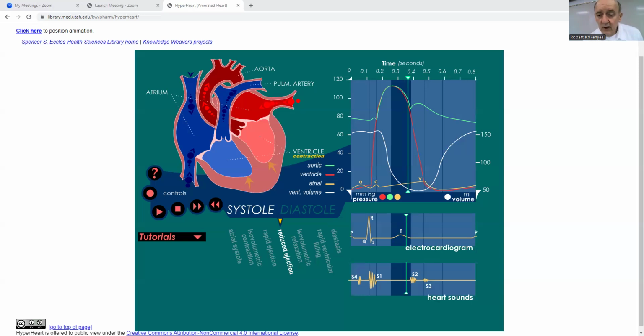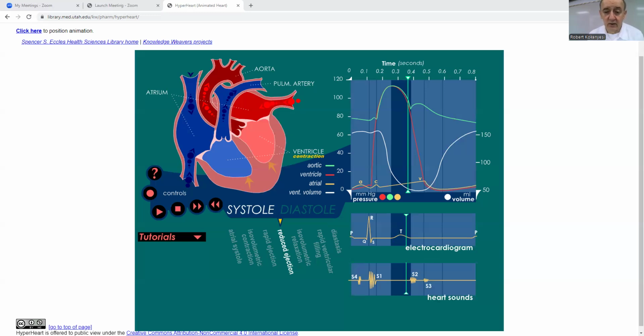This is called the Frank-Starling law. And the Frank-Starling law basically says that when we put more blood into the ventricles, both left and right ventricles will increase their contracting force, and they will squeeze out more volume with each heartbeat.